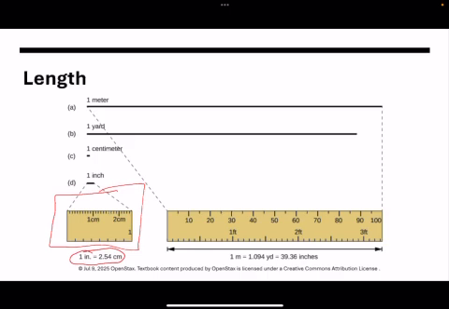That's because if you compare the two, a yardstick is only 36 inches, whereas a meter stick, if you were to measure it in the imperial system, is 39.36 inches. So there is a difference of a little bit over 3 inches. A meter stick is larger than a yard.